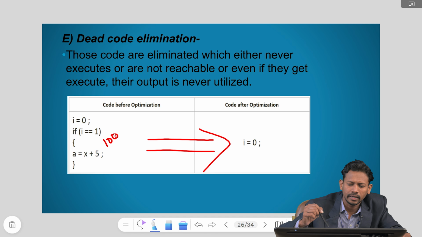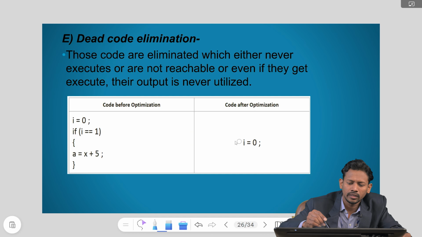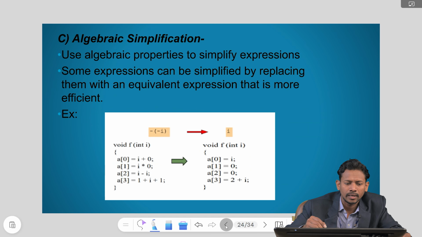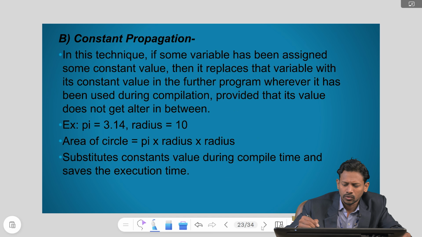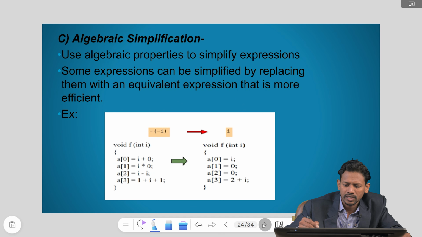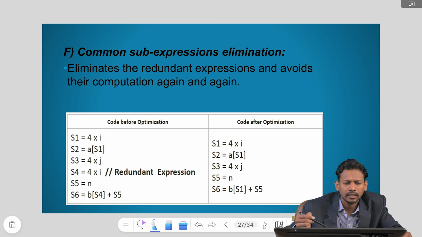Very important technique, dead code elimination. So far we have observed different code optimization techniques like constant folding, constant propagation, algebraic simplification, strength reduction and dead code elimination. Next, common sub-expression elimination.